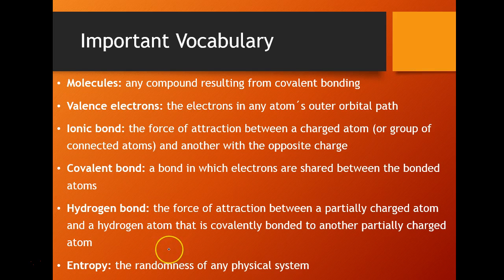Covalent bonds, which is a bond in which electrons are shared between the bonded atoms. Hydrogen bond, which is the force of attraction between a partially charged atom and a hydrogen atom that is covalently bonded to another partially charged atom. And then entropy, which is the randomness of any physical system. Remember, that's when all biological organisms go to a disorganized state.